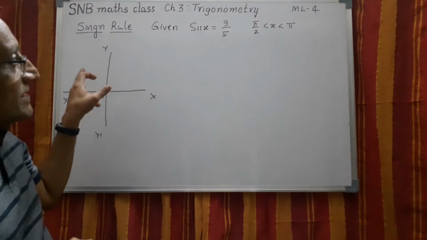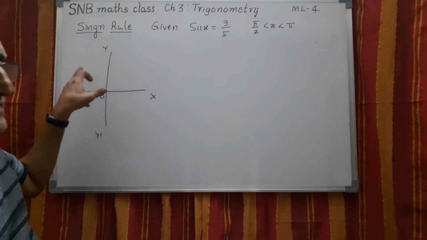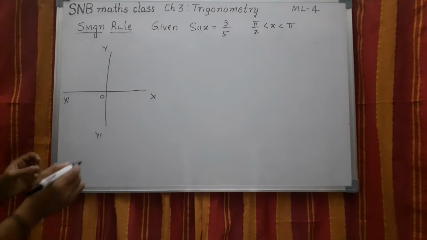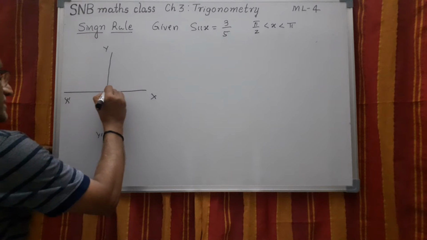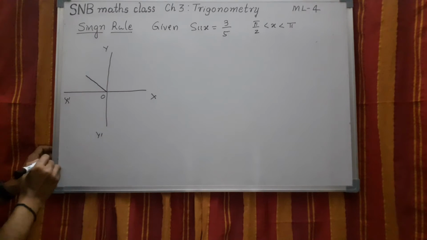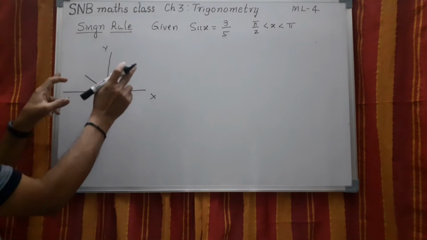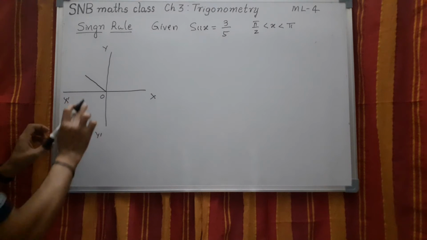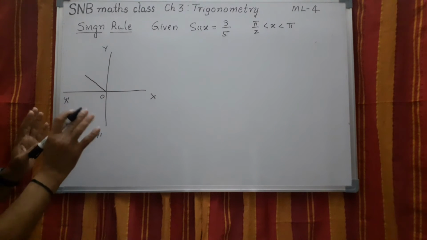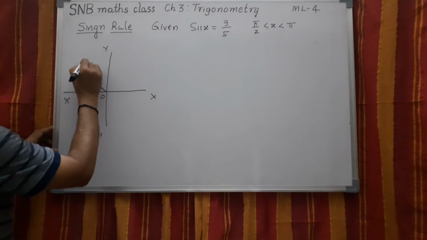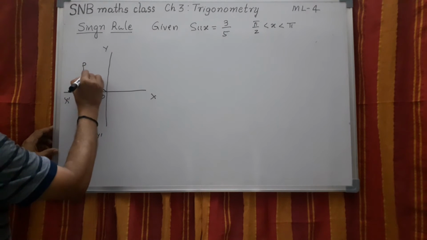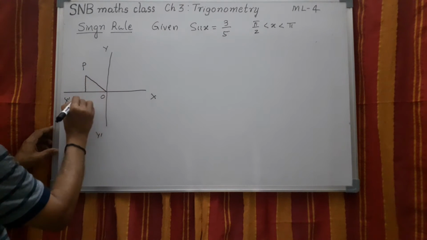That means it is in the second quadrant. This is the first quadrant, this is the second quadrant. So you approximately draw the diagram. You need not take a unit circle, that is not necessary, because it is not given. So now this is P, and this is M.